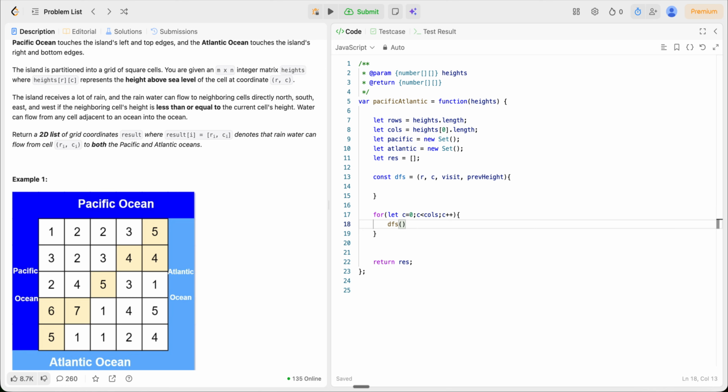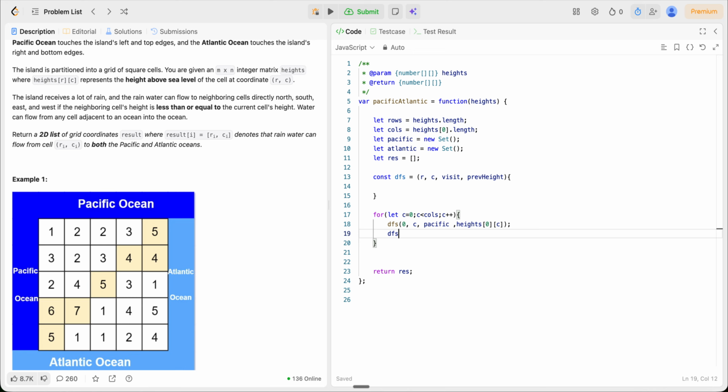Now in this case, we will pass heights of 0, C. Whatever the cell is, I am passing its height. So what should I pass here in this case is, we are taking the 0th row. So in the 0th row, it is any which way flowing to the Pacific Ocean. So I will be passing my Pacific variable.